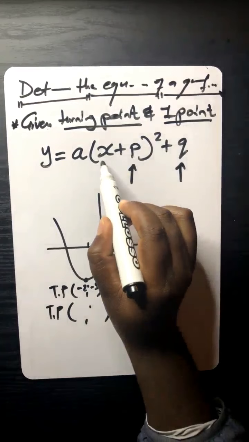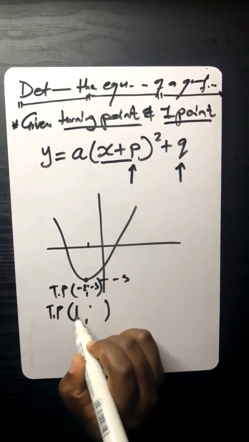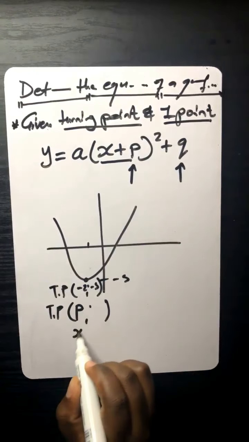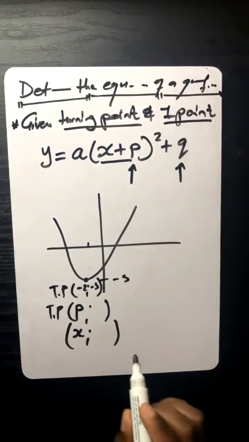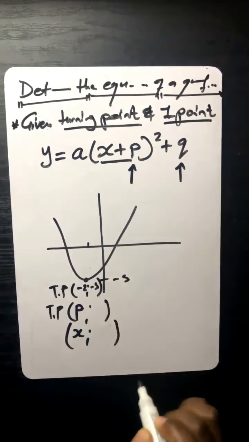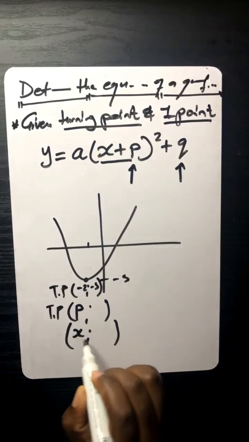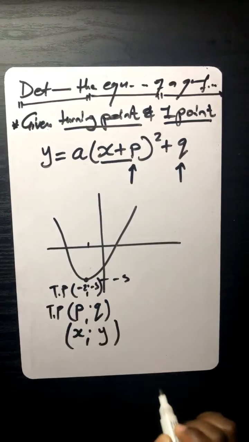P is there with that x, which means P is your x coordinate. Which one is your Q, guys? Your Q is the y value of the turning point.